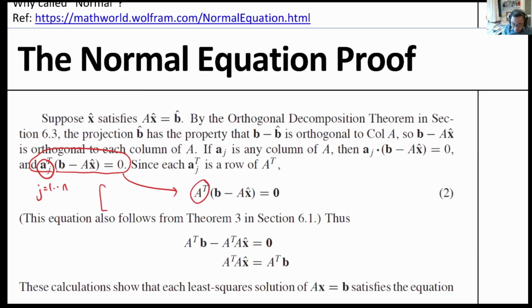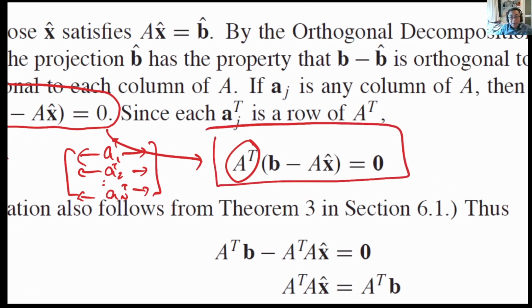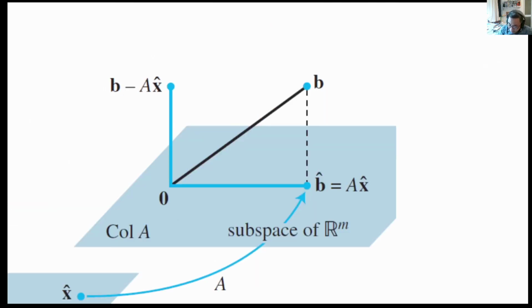This basically has A1 transpose, A2 transpose, until An transpose, implying that this equation says that all columns of A are orthogonal to the error vector, which is exactly this diagram here. The error vector is orthogonal to any vectors in the columns of A.